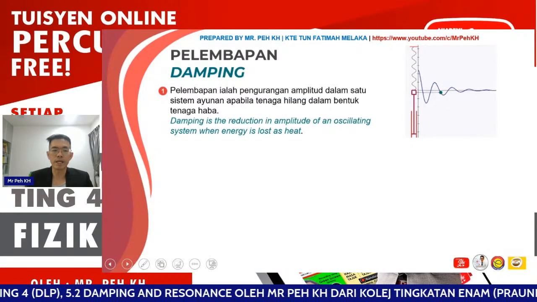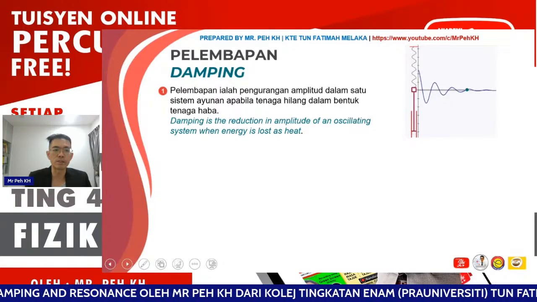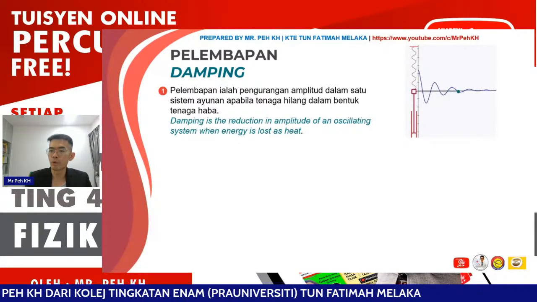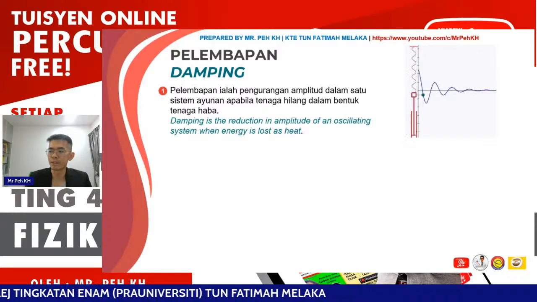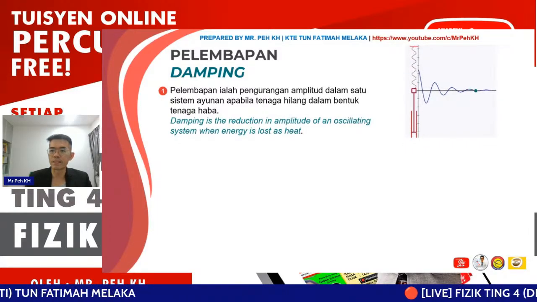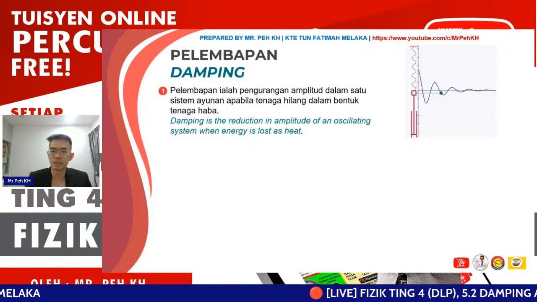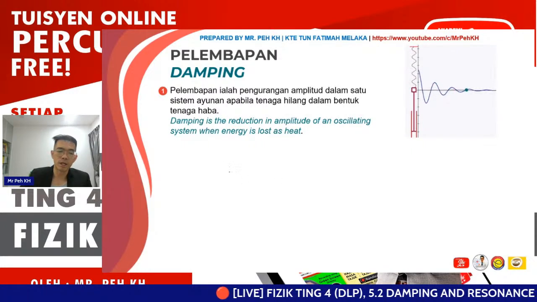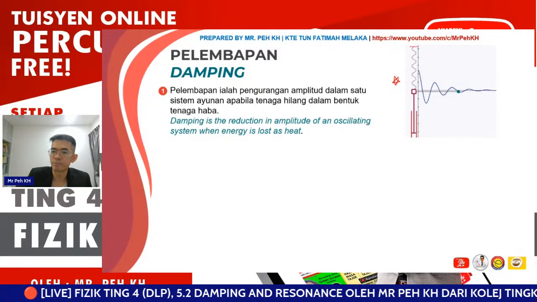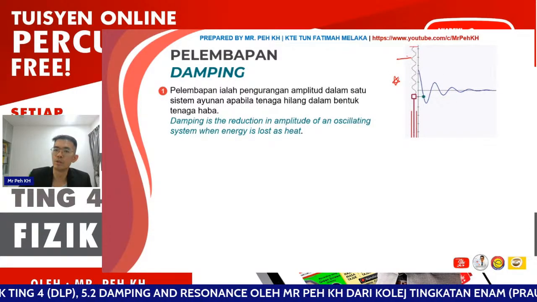Okay, then the next, let us define the meaning of damping. Just now I already discussed with you 2 graphs, where the amplitude decreases for the oscillating system conducted in air. You can see for this GIF, it's very clear that this is the loaded spring.